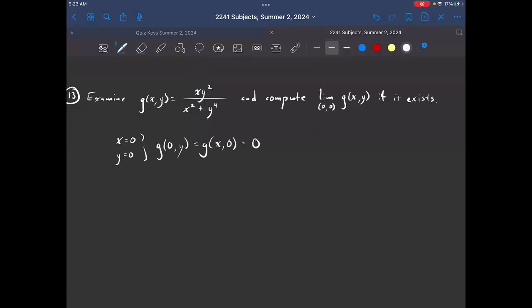Okay. And if I try y equals x, let's see what happens, because that worked last time. So g of x comma x equals x cubed on top over x squared plus x to the 4th.